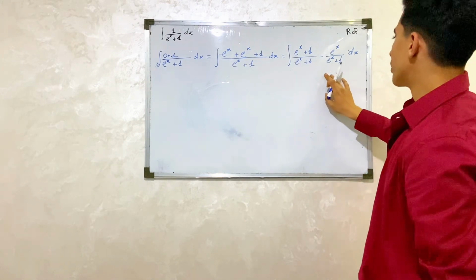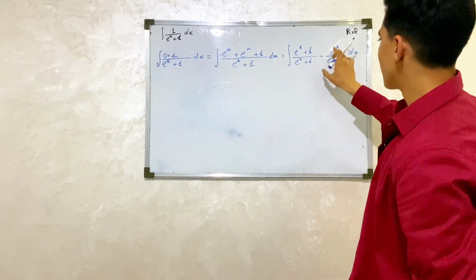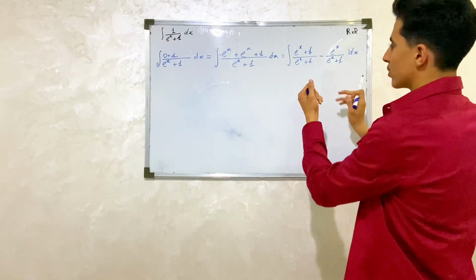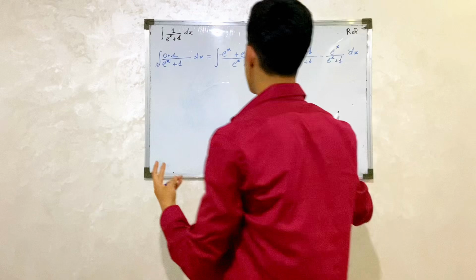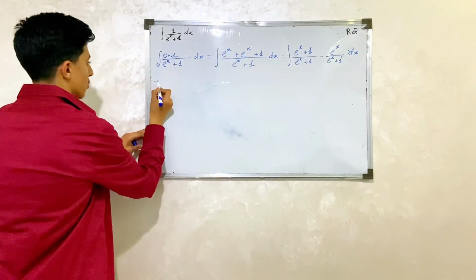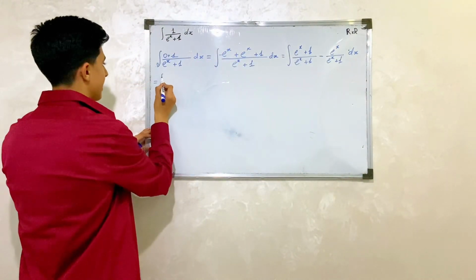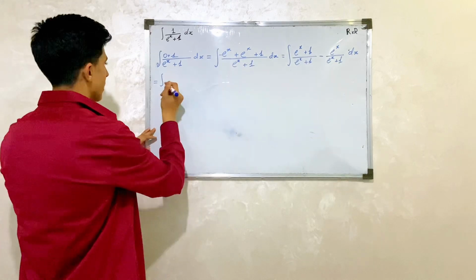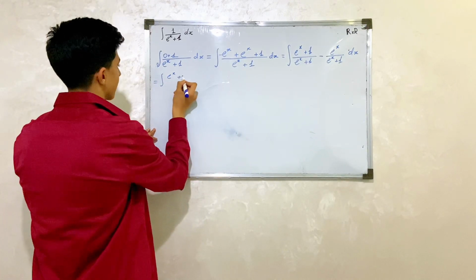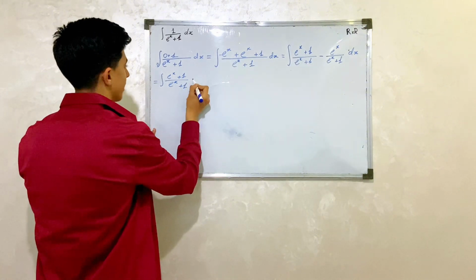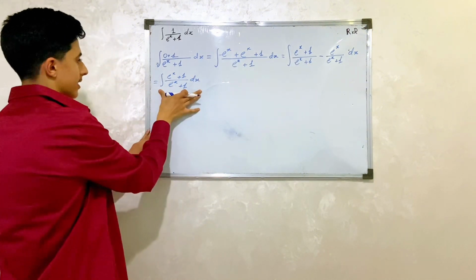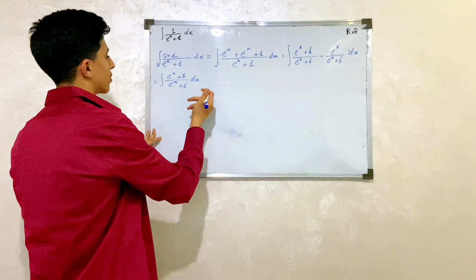By integration rules, we know that we can break the integral into two different integrals, which is what we are going to do in the next step. We are going to rewrite this as the integral of e to the x plus 1 over e to the x plus 1 with respect to x. This is our first integral.